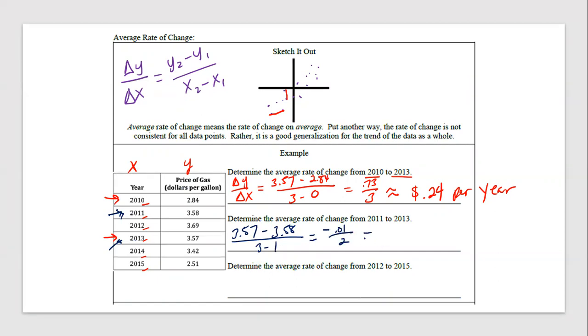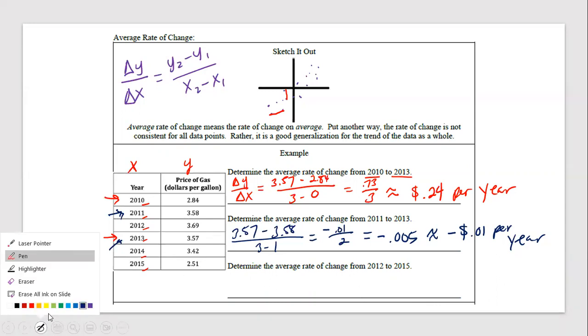When you put this in the calculator, did you get negative 0.005? Is there such a thing as that in money? No. So in terms of money, that means negative 1 cent. The 5 rounds to a penny. So it's decreasing a penny per year, if we chose those 2 points as our points of reference.